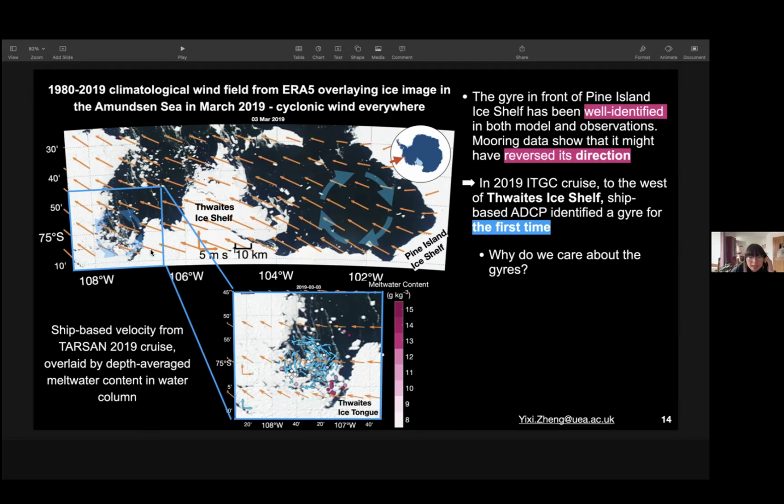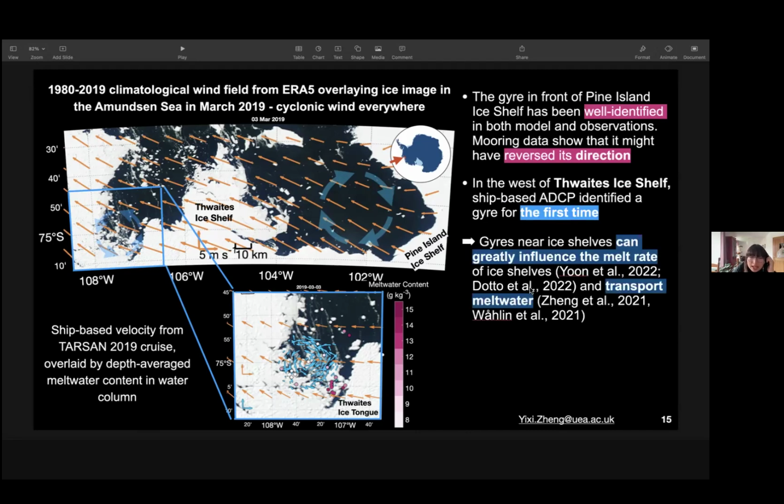And then if we step a little bit back about why we care about these gyres, that is because many papers from recent years actually demonstrate that the gyres, you can see that they are all near the ice shelves, and they can greatly influence the melt rate of ice shelves.